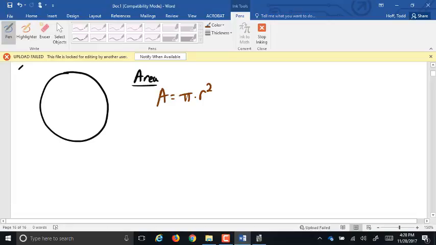So the question I'm going to come up with right now is, where did that come from? So we're going to start out here with a circle with a radius. I'm just going to call it R. So what that means is the diameter of this circle is just going to be 2R.